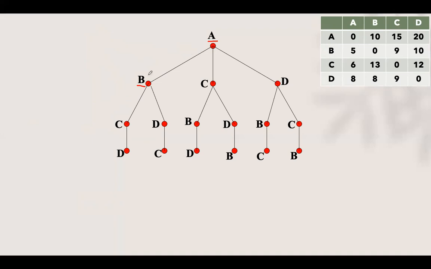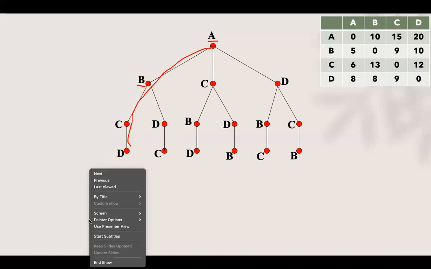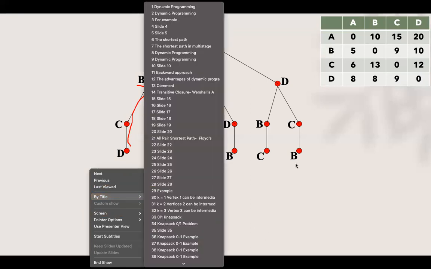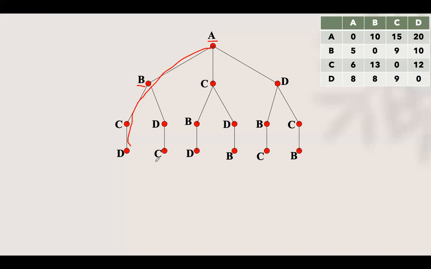If from A you go to C, then you can either go to B or D. If you go to B, then remaining vertex is D. If you go to D from C, remaining will be B. You can see here, each and every path will be covering all the vertices, A, B, C, D. Each and every path is covering all the vertices.